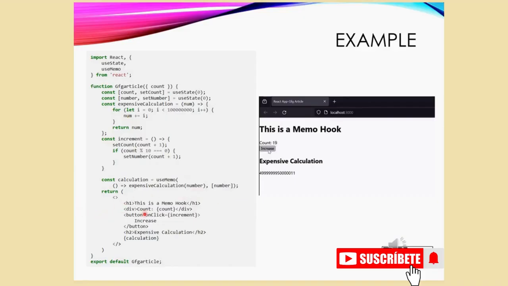Return a div with counts, a button for increment, and the expensive calculation showing. Here you can see clicking 1 to 10, then its value increases to 11. Here 21 becomes 22, 31, 31. This is the effect. Now we go for the next.